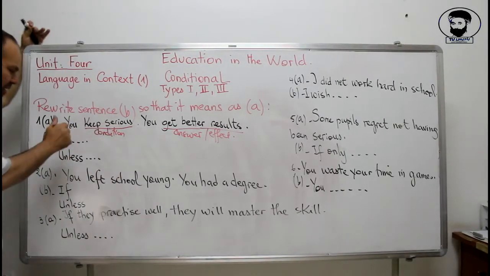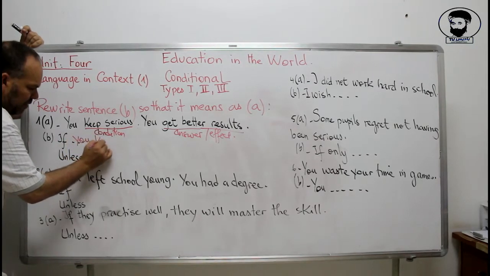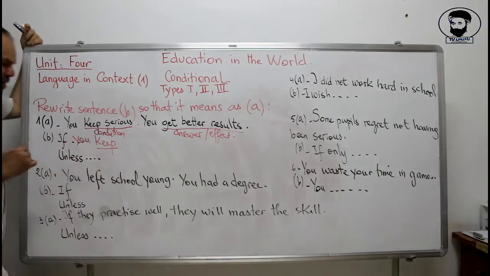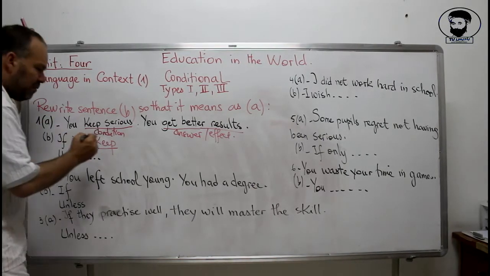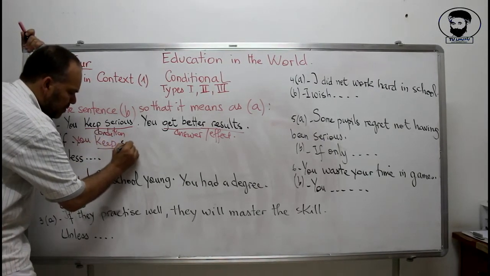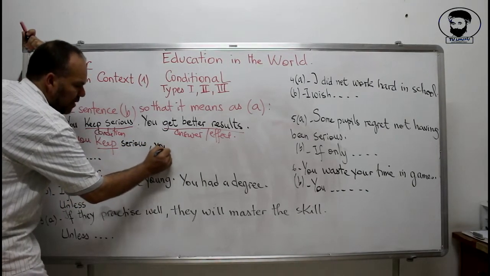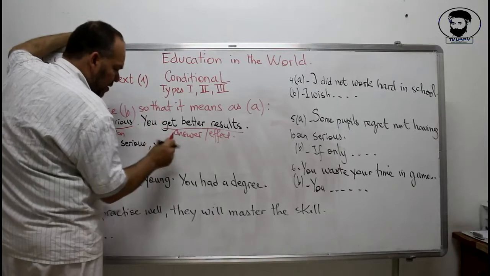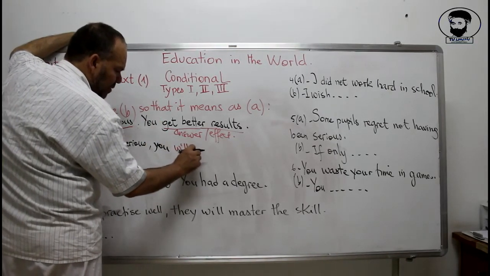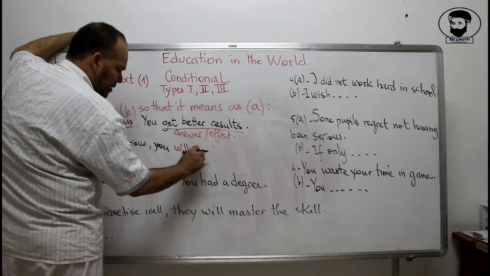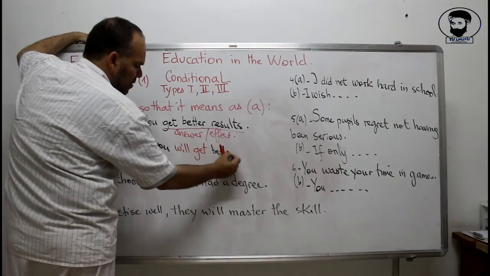Now, you say if you keep, and we use the verb in the simple present. So if you keep serious, comma, you, and we use the form which is will plus stem, you will get better results.